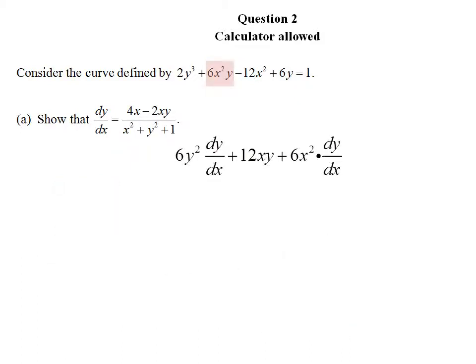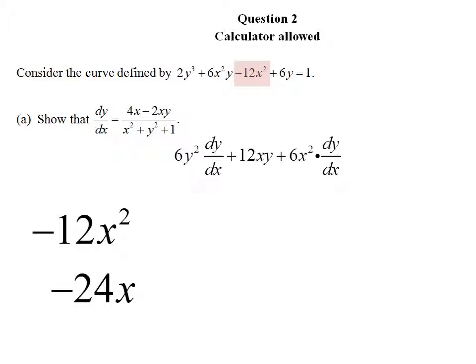And now it's on to the next term. Well, the next term is minus 12x squared. Since it only has the variable x in it, differentiating this with respect to x offers no surprises and no difficulty. It's negative 24x.